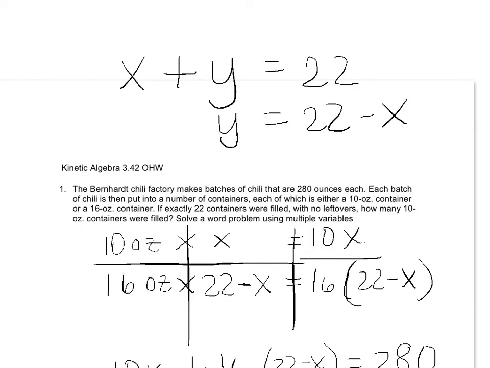So now I have some 10-ounce containers and some 16-ounce containers. And I'm going to add these two together to make my total number of ounces. Because remember, 10 times the number of containers will tell me how many ounces are in all of those containers, and 16 times the other number of containers will tell me how many ounces are in those.